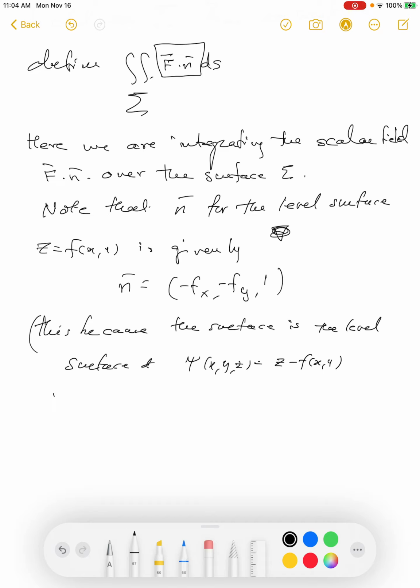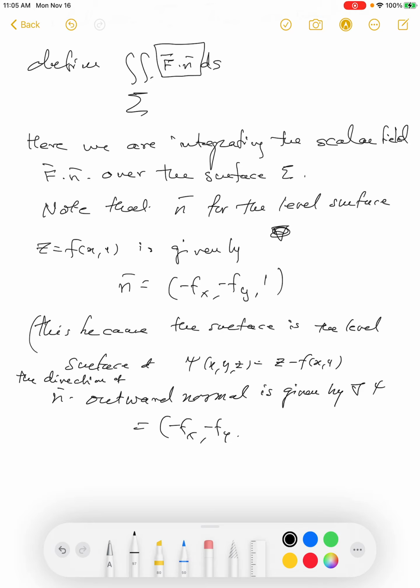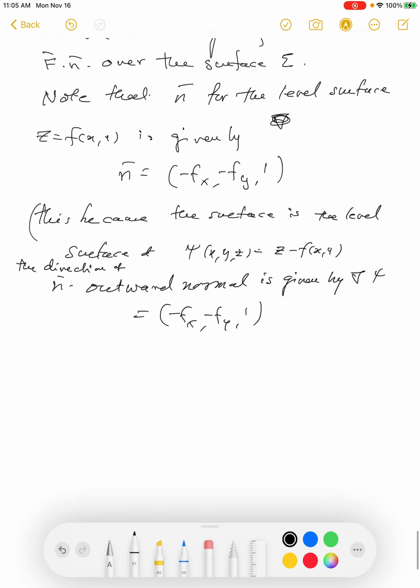If I take it like this, then n bar, the outward normal, is given by the direction of the gradient of psi. But the gradient of psi is going to be minus fx, minus fy, comma 1. So this is the direction, so you have to divide by the norm.